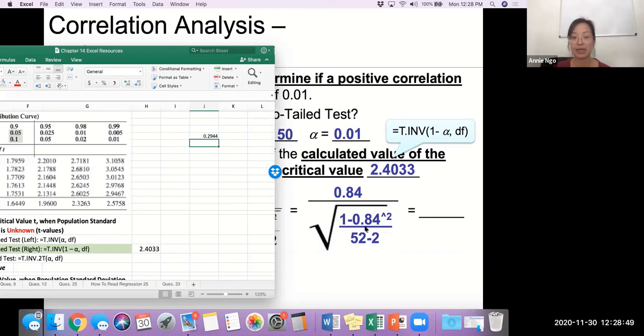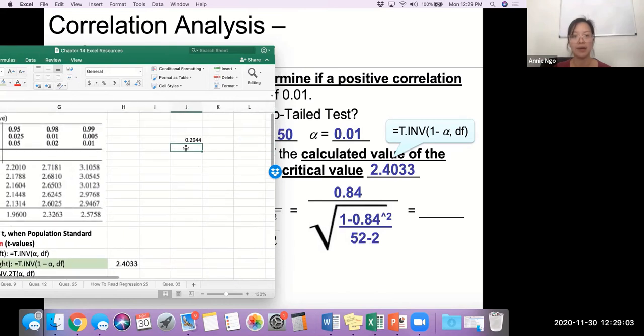The next step is I have to take that number and divide it by 52 minus 2. I can do quick mental math, right? 52 minus 2 is 50. That'll save me some extra typing. So I'll do equals, take the box I just did, hit divide, and then type in 50. So I'm just taking the number I found right above here and dividing it by 50.